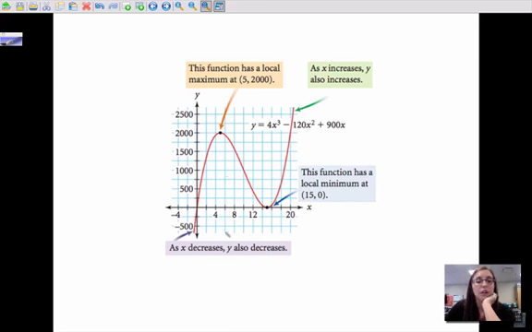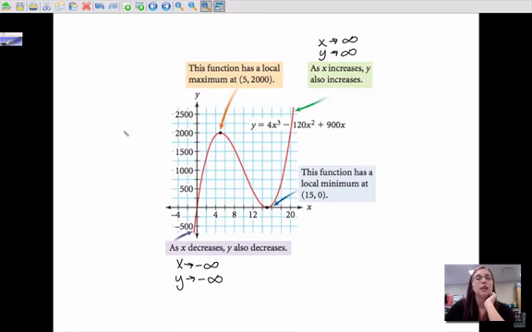And then we notice you have your end behavior here. As x approaches negative infinity, y approaches negative infinity, and as x approaches infinity, y approaches infinity. Okay?